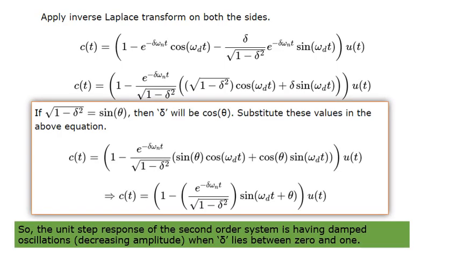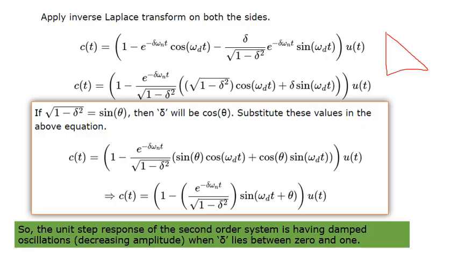So what do I get here is that if square root of 1 minus zeta square is equal to sine theta, I assume that square root of 1 minus zeta square is equal to sine theta, then zeta will be cos theta. So this is like a triangle. I try to take it like a triangle. So sine theta, opposite by hypotenuse, is taken to be square root of 1 minus zeta square.